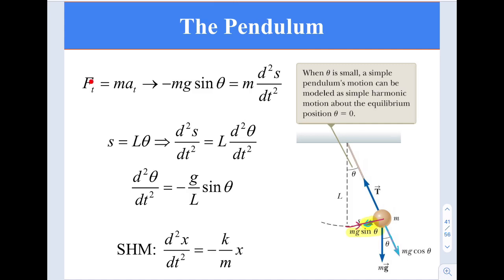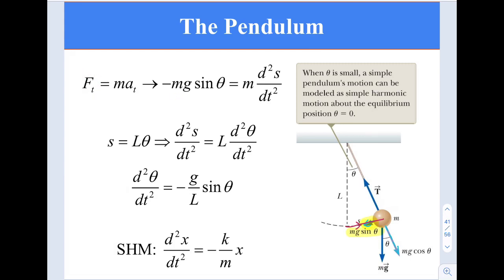Then Ft is equivalent to m aT, where T stands for tangential. Why is it aT? Because the motion is tangent to the point. So that is why we have Ft and aT here.